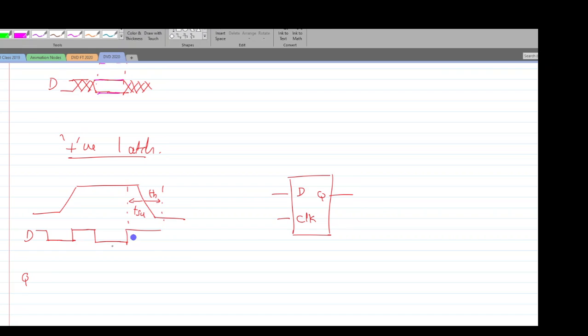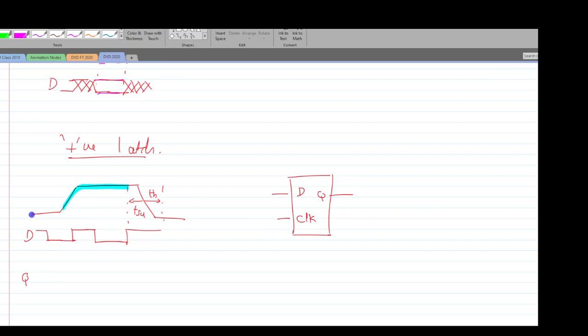If it is 1, then the same data will be held. And throughout this entire zone, I am able to read out my D data onto the output Q. So I'll just draw the corresponding output here.